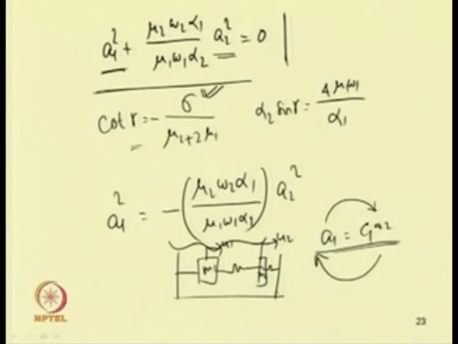If the springs and dampers are taken in such a way, this is K 1, K 2, this is K 3, such that omega 2 is nearly equal to 2 omega 1, then in that case, if we start vibrating the first mass, it will transfer energy to the second mass, and in turn the second mass will transfer energy to the first mass, and there will be coupled motion.